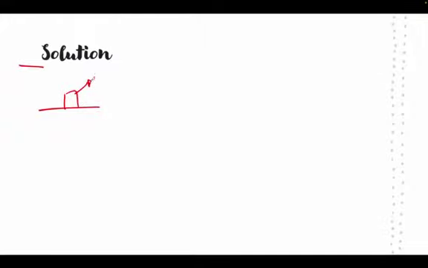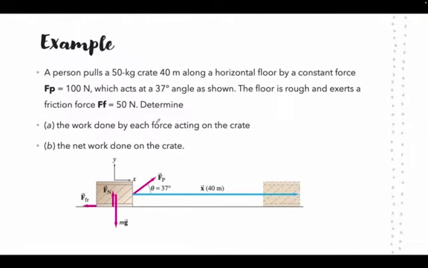Here we have a force that is equal to 100 newtons acting at an angle of 37 degrees. We have friction force acting in the opposite direction, and the box moves a distance of 40 meters. So let's see if we can find this out.